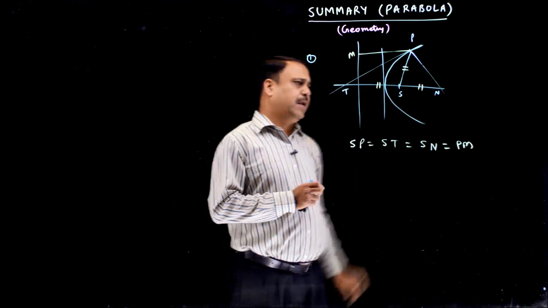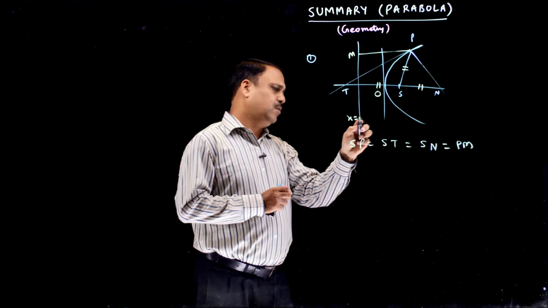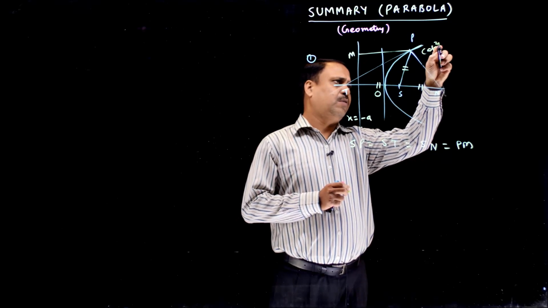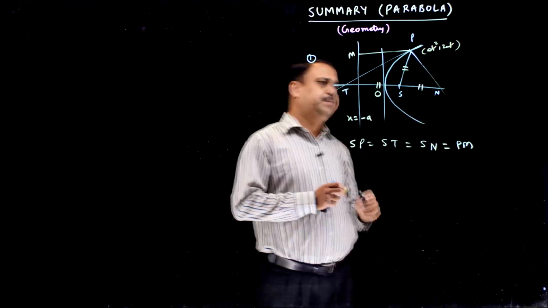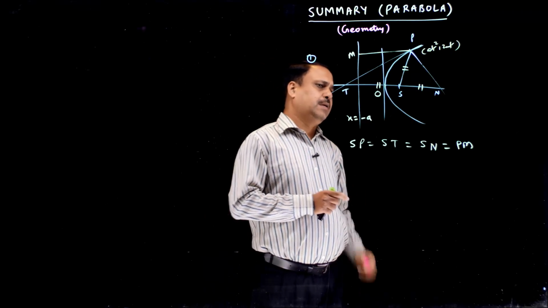Distance of the point from the directrix. This is the origin. This line is x equal to minus a. This point P is (at², 2at), and this is 0.